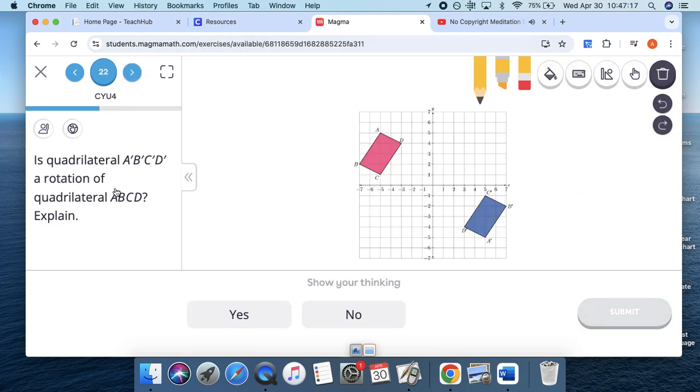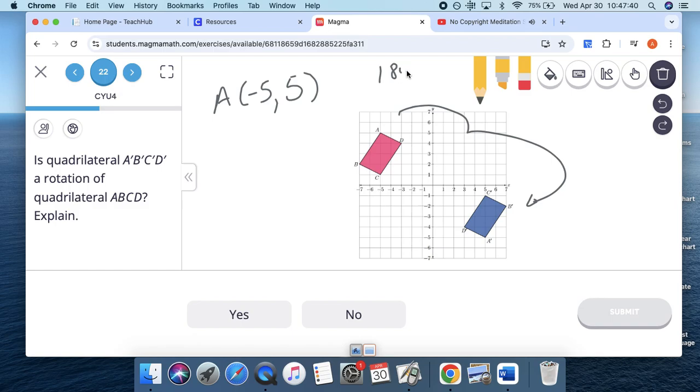Quadrilateral A prime B prime C prime D prime is a rotation of ABCD. Explain. Is it a rotation or not? Well, let's look at point A. Point A here is negative 5, comma, 5. A traveled 2 quadrants, so this is a rotation of 180 degrees.